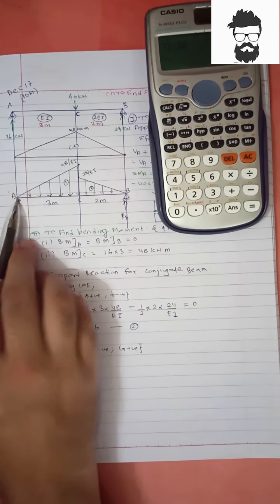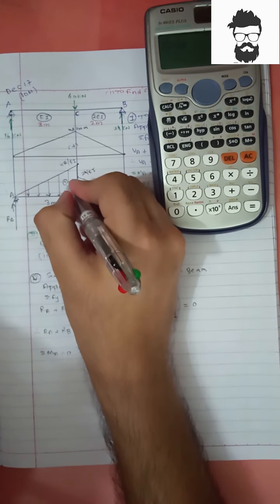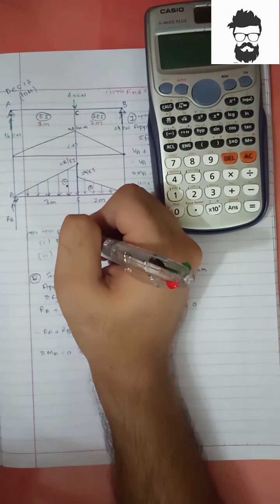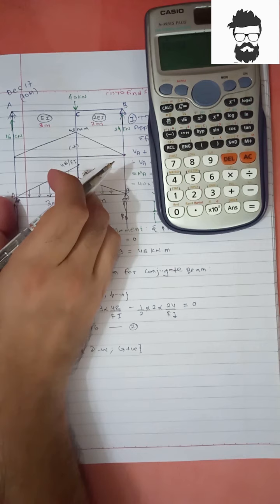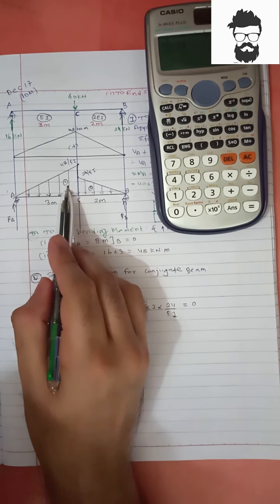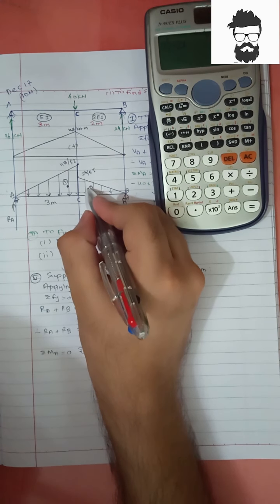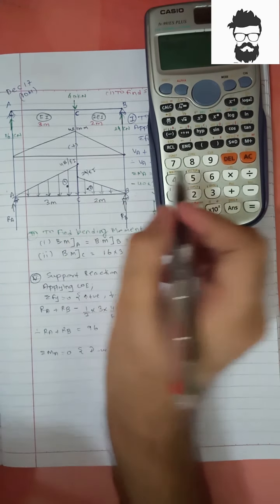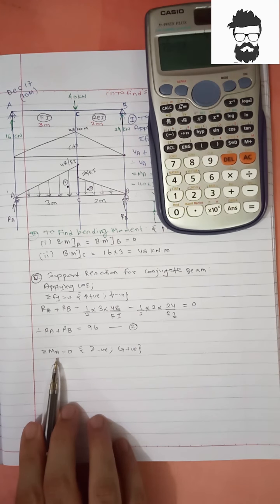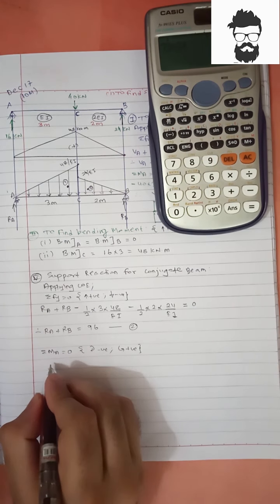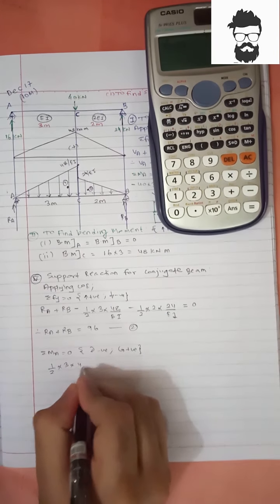So moment at A, the area of this triangle multiplied by its CG from A, because moment is force multiplied by perpendicular distance, so perpendicular distance of this triangle is its CG from A. Similarly for triangle 2, area multiplied by its CG from A, because we are taking moment at point A.